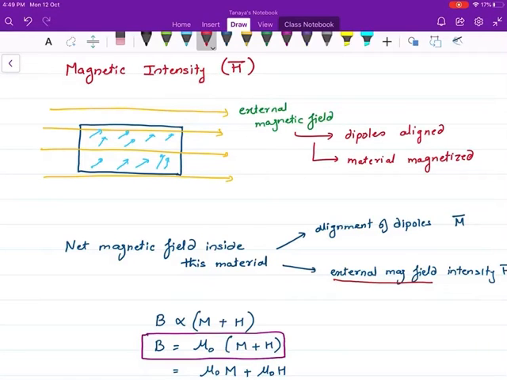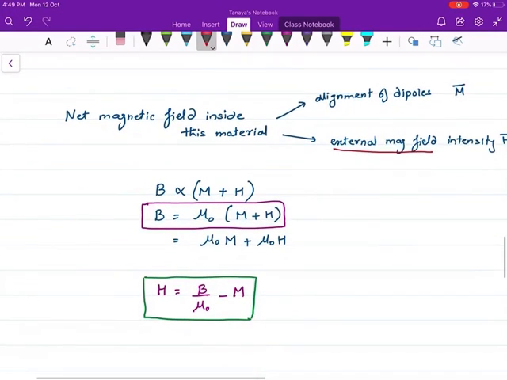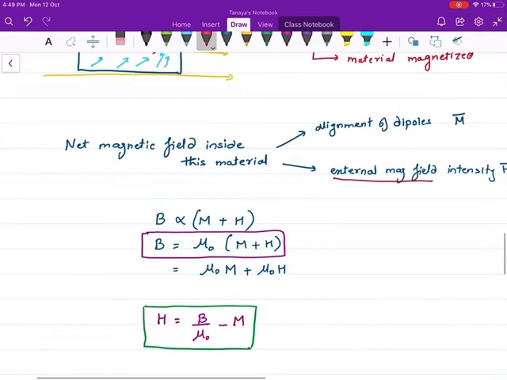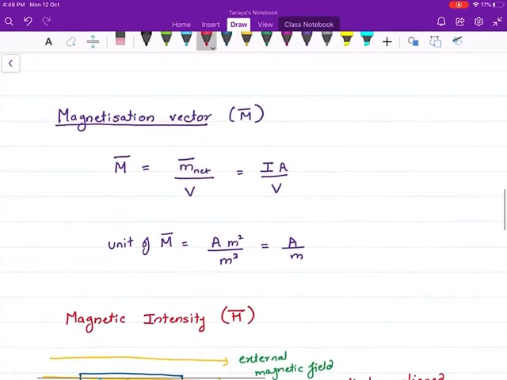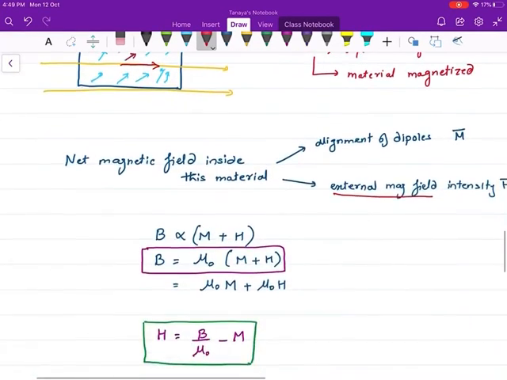Now the field inside the material, what is this field? It is because of this external magnetic field that we have applied, and also because of the alignment of the dipoles. So it is the addition of these two, is it not? I have denoted the net magnetic field inside the material as B. What is it proportional to? It is proportional to the external magnetic field intensity H, and also our magnetization vector.